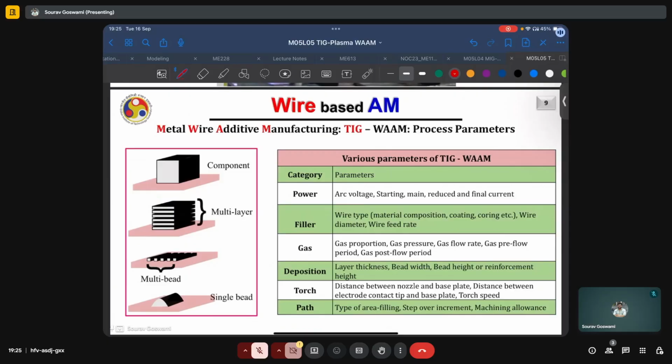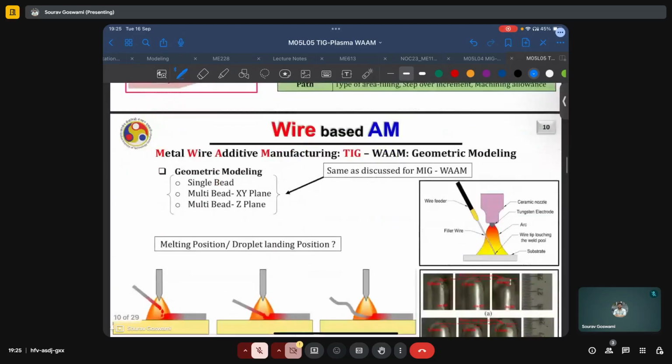The deposition parameters in terms of the layer thickness, the bead width, bead height, the torch, that is the distance between nozzle and base plate, distance between electrode contact tip and base plate, and the torch speed, as well as the area filling method.